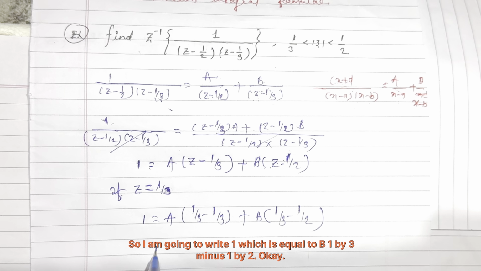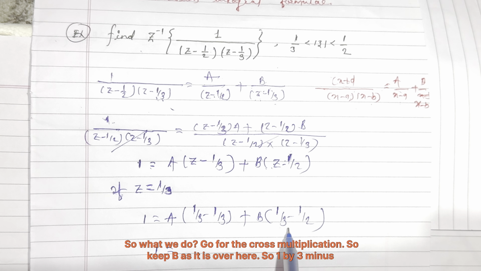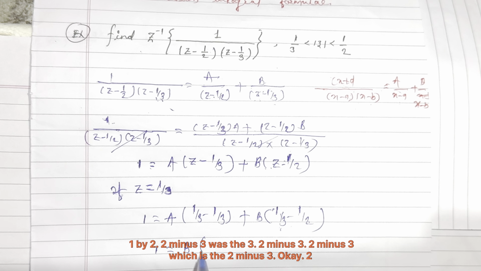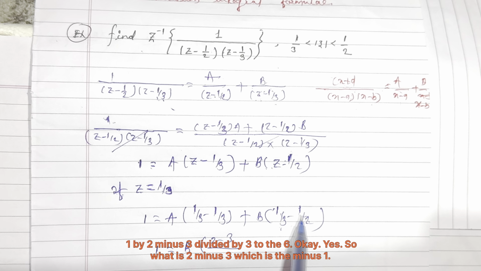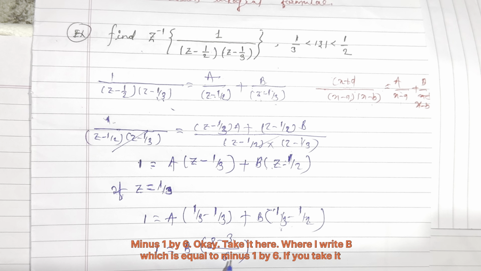So I'm going to write 1 equal to b into (1/3 - 1/2). Now go for the cross multiplication. 2 ones are 2, minus 3 ones are 3, so (2 - 3) divided by 6. What is 2 - 3? It is -1, so -1/6.